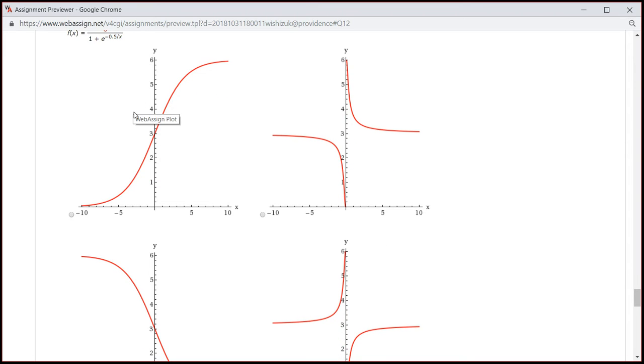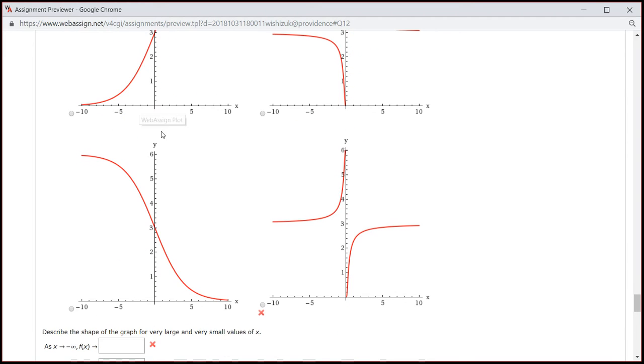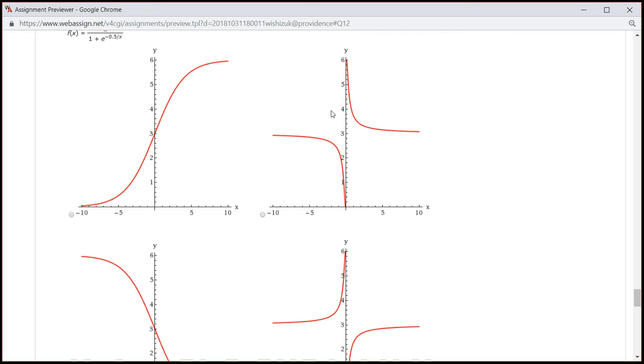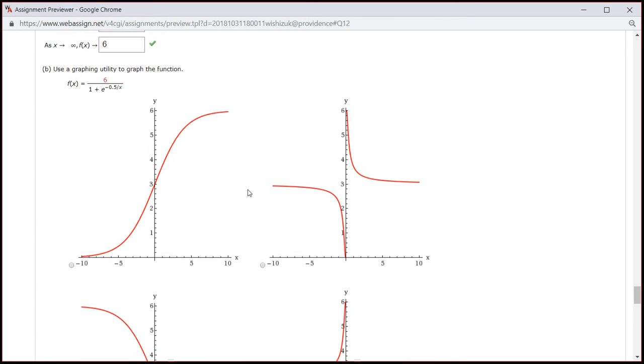So we can eliminate the first picture, and we can eliminate the third picture. So it's going to be between the second and the fourth picture. Both of them are going to 3. So between these two, let's approach 0 from the positive side, for example.